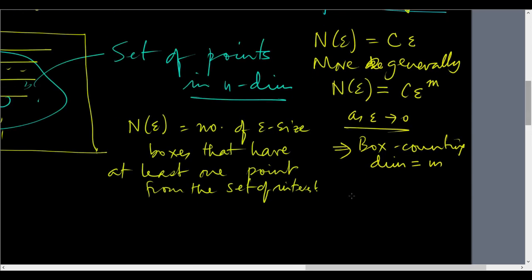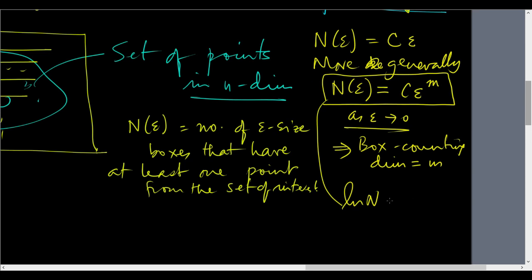Because what you do is you take log of N is equal to log of c plus m log 1 by epsilon. Okay, because as epsilon goes to 0, N has to go to infinity usually. Okay, so this is your box counting dimension.